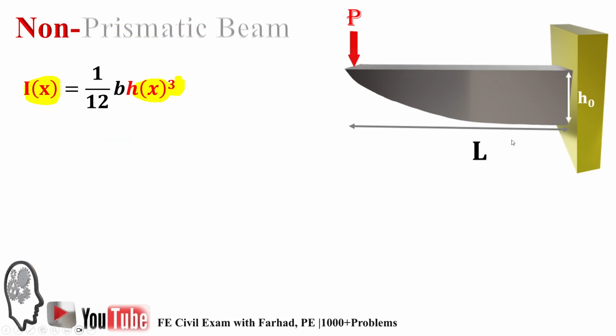As soon as we have this, we can easily replace this parametric equation in the h equation and then calculate the I as a function of x.